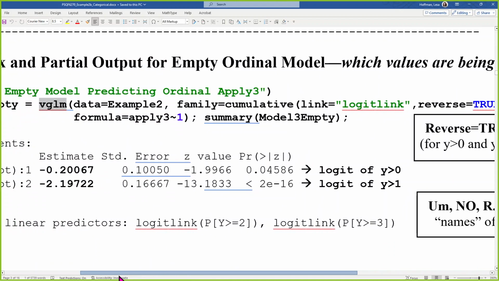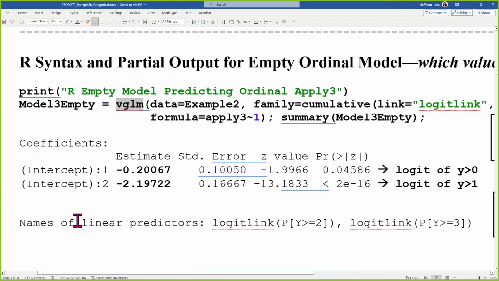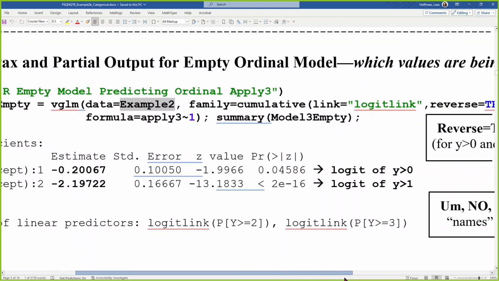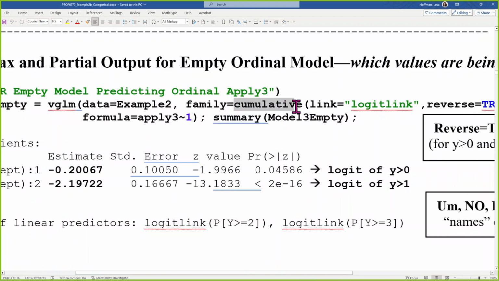So it looks like regular R code. I'm saving my model as an output called model3 empty, meaning predicting 3 categories empty model. Using the data from example 2, the family is cumulative. When you see that word, think ordinal. That is the name of the link function that gives you an ordinal model.